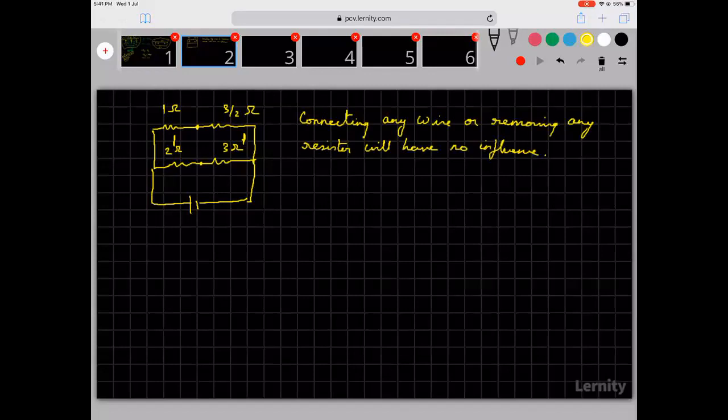Do you understand this? Now this is the fundamental logic behind the Wheatstone bridge, behind this concept of symmetry.